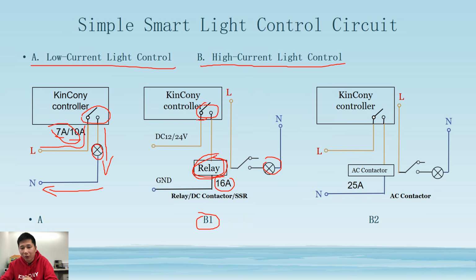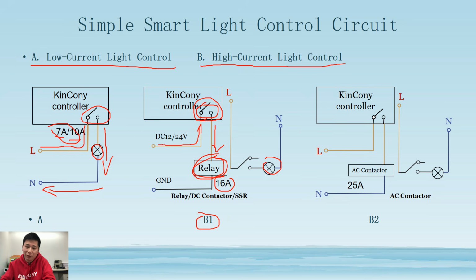It's not according to the KinCony controller's relay current, because this time the controller's relay provides DC power that goes through this relay and controls another external relay. This is a very small current, and usually this relay coil is 12 volt or 24 volt.